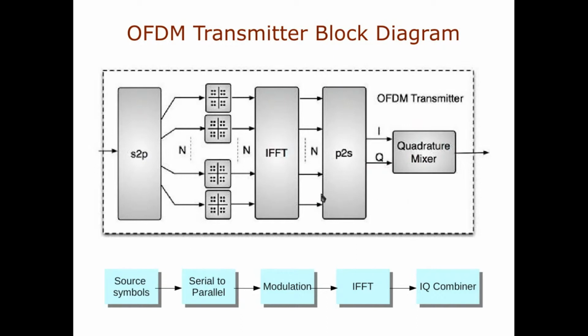Once it is fed into the IFFT block, the IFFT block computes the inverse Fourier transform, and later it is fed to a parallel to serial converter, where all the bits now appear as serial, and it appears through two channels which are represented by the in phase and the quadrature parts.